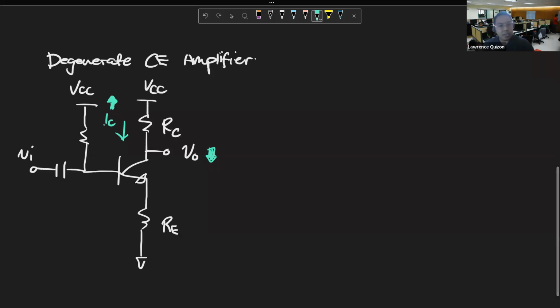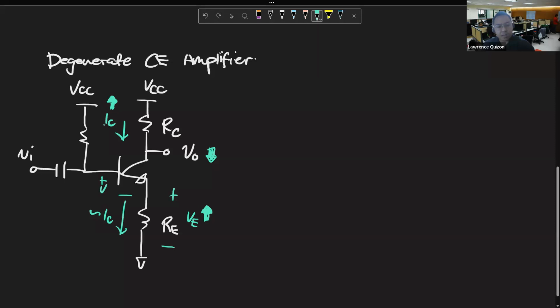But in this case, IC, well, approximately IC, that's IE, also passes through RE. Which means that the voltage across RE, which is VE, increases.